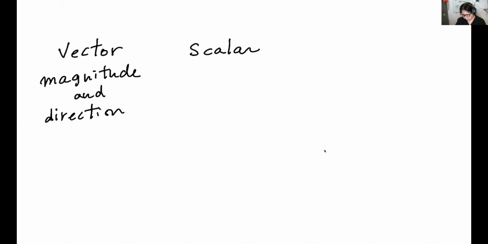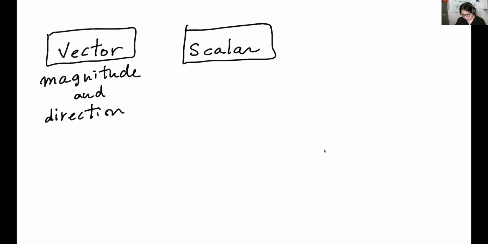So every vector quantity has a magnitude and a direction, and a scalar quantity only comes with the magnitude. So I'd say an example of a vector is a force.